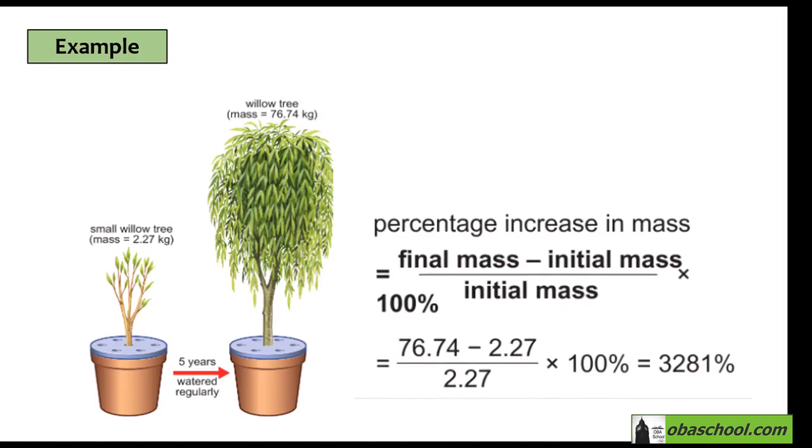The final mass, which is 76.74, minus the initial mass, which is 2.27, divided by the initial mass, which is 2.27, multiplied by 100, and then we get the percentage increase in mass.